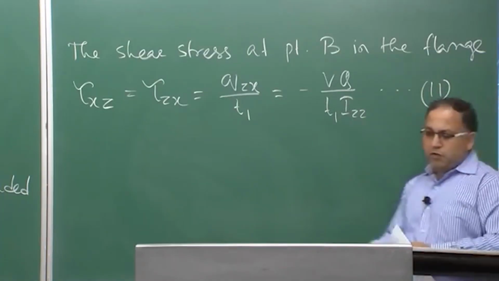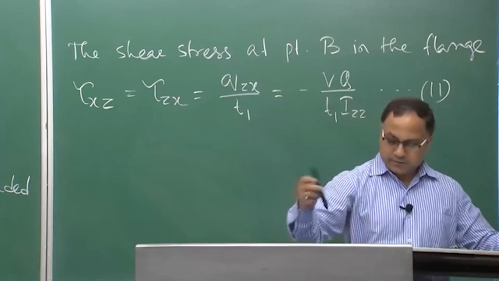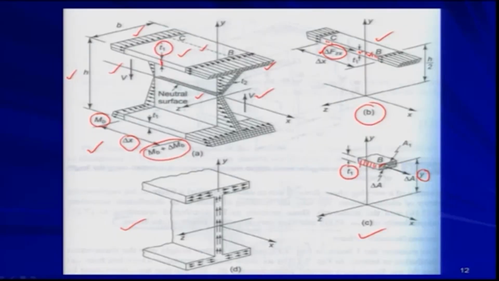Now, if you look at figure D, in each flange tau xz varies linearly from a maximum at the junction.